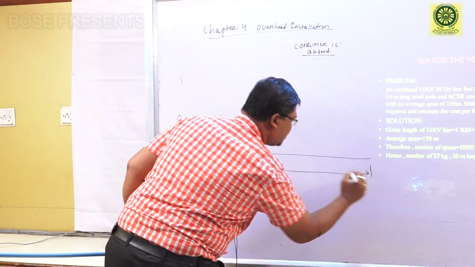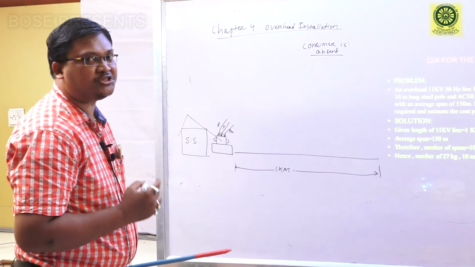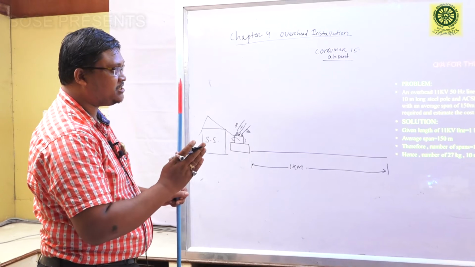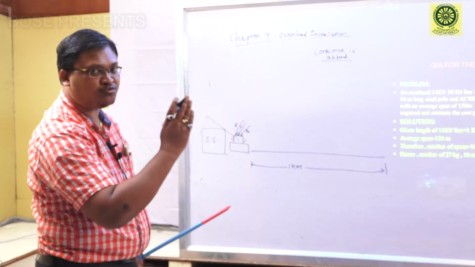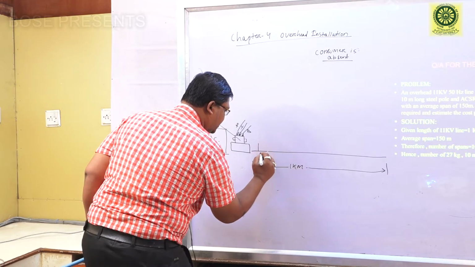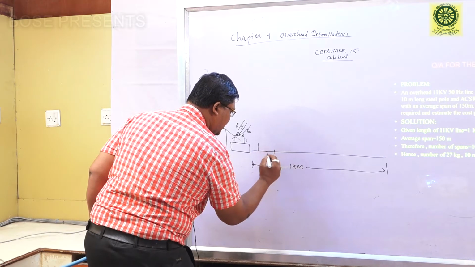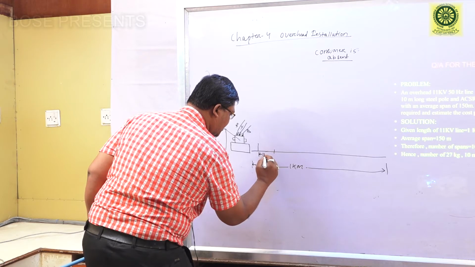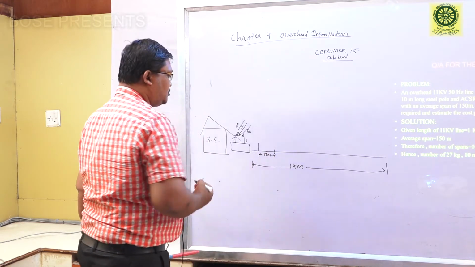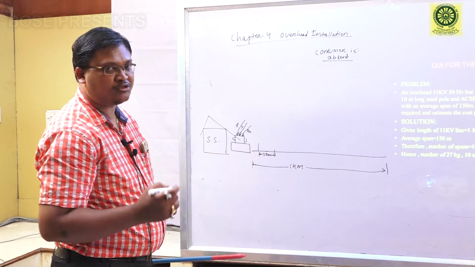In this 1 kilometer we have to install the steel poles, and between adjacent poles the distance is 150 meter. That means suppose here one pole is there, so another pole is after 150 meter. So total how much poles will be there?